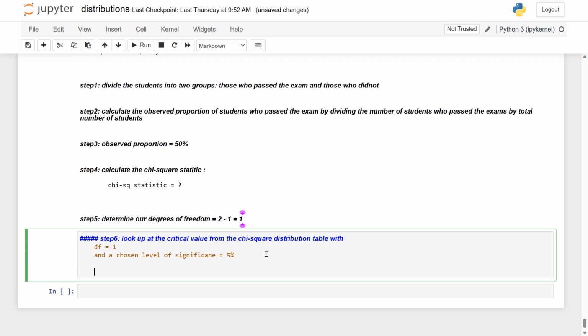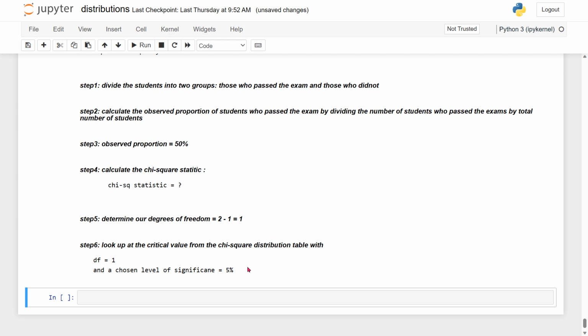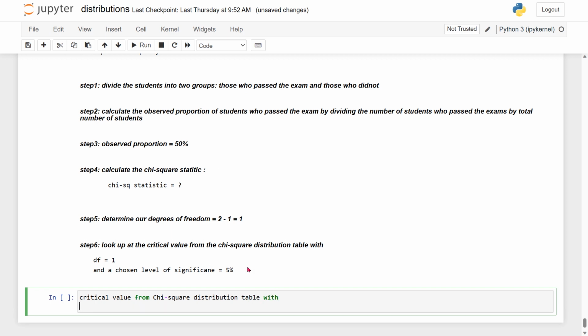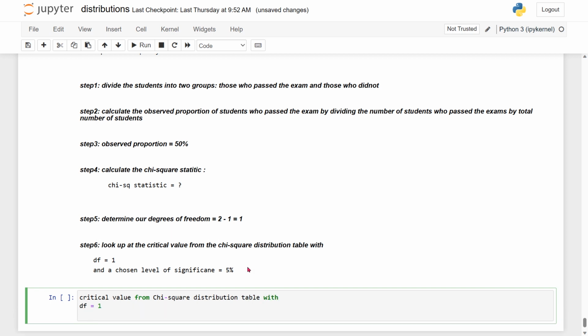So my critical value from the chi-square distribution table with df is equals to 1 and level of significance is equals to 0.05, then the critical value is 3.84. So this is what I got. So 3.84.